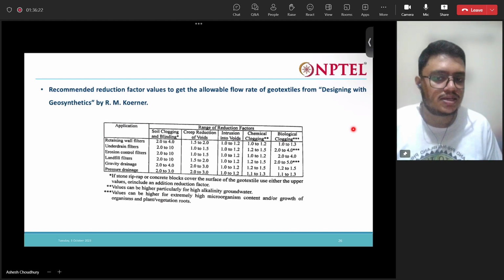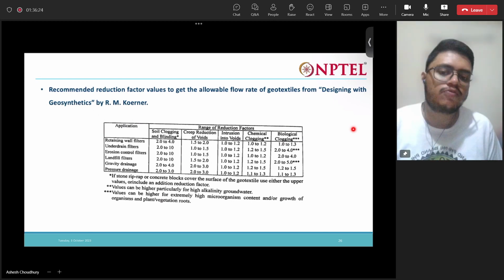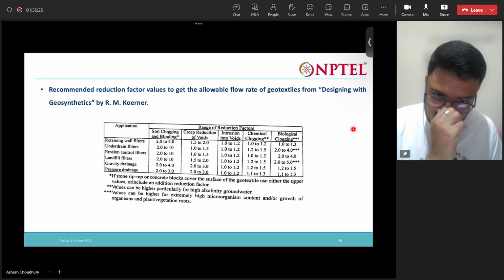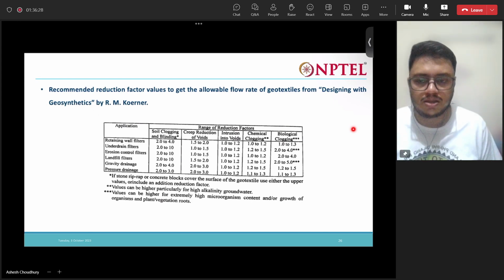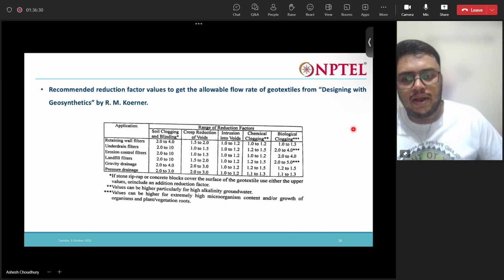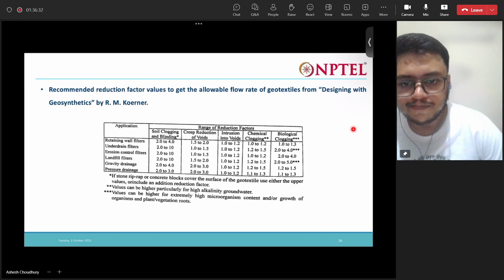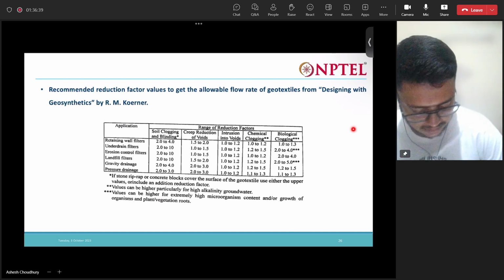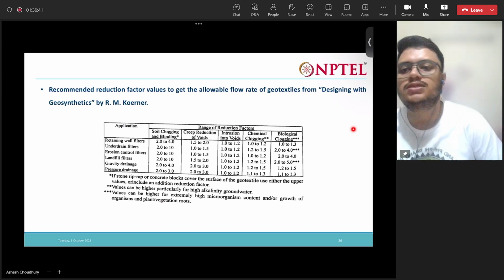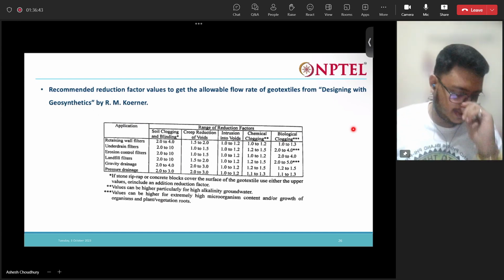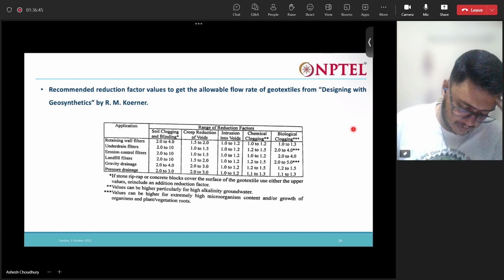Second is creep reduction of the voids, then intrusion into the voids, then chemical clogging, then biological clogging. These are the suggested ranges of reduction factors that you can use. These are for geotextiles.